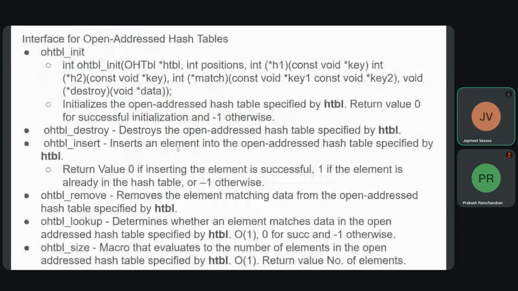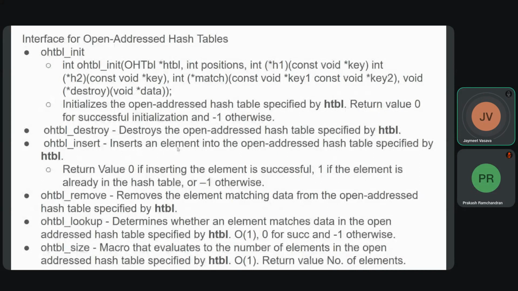So now we'll be discussing the open address hash table and its implementation. Let's go through the interface of the open address hash table. The open address hash table, or ohtbl, functions are init, destroy, insert, and so on.